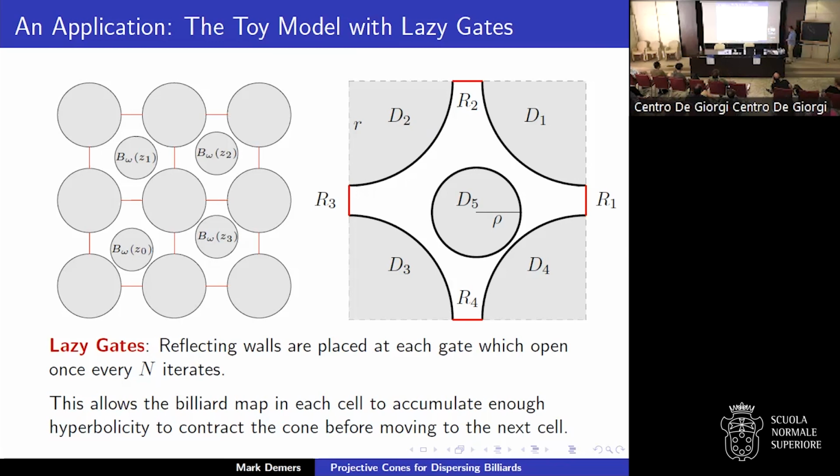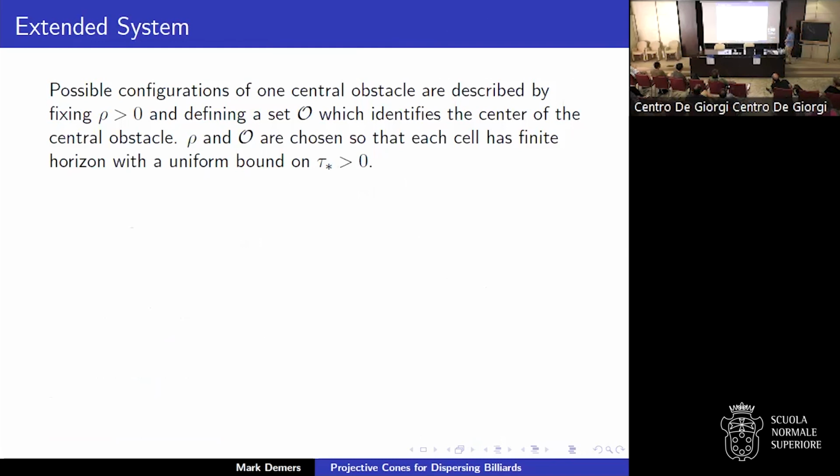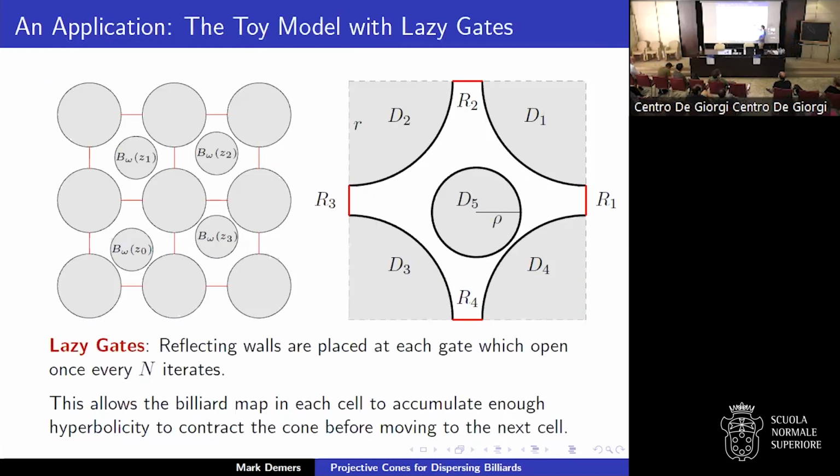And so you can set up, right? So in this setup, you can set up things kind of formally, which, yeah, we can run through that. Obviously you have to put some limits on the placement of the central scatterer because you don't want these to touch, right?